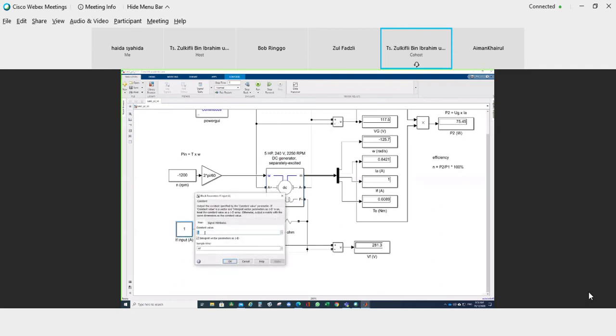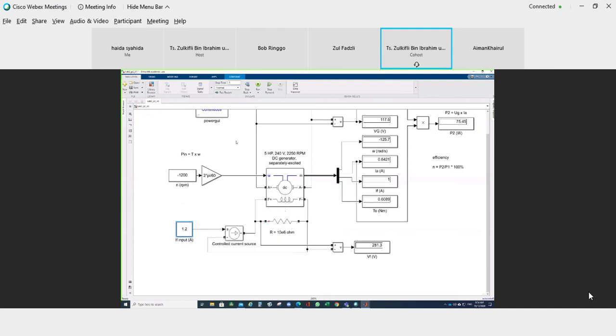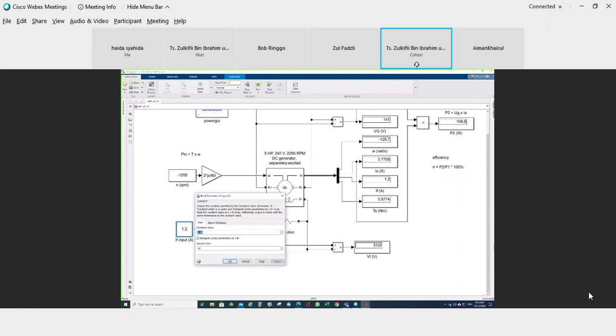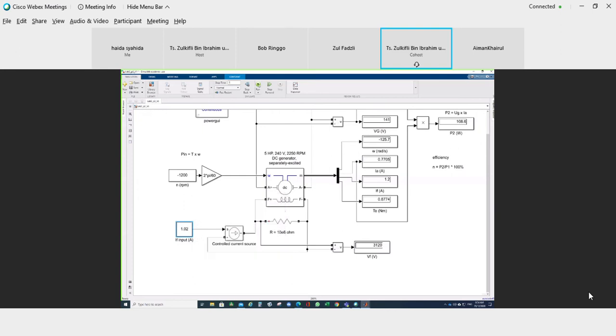Mungkin letak 1.2. 1.2 is banyak 3,000. Okay, tak boleh. So 1.02, impact tinggi lah fault ni. 1.005.